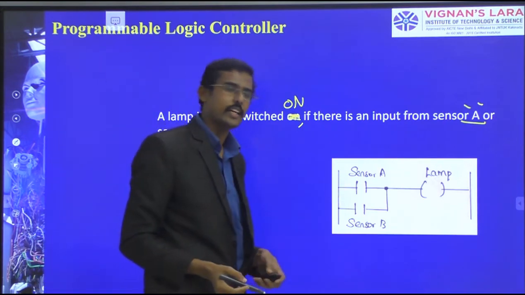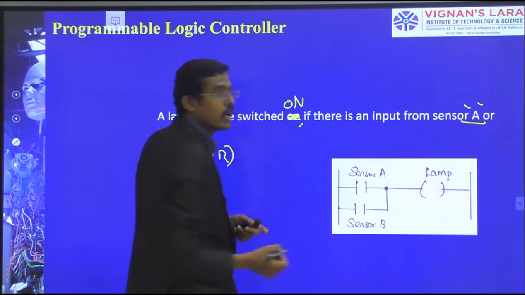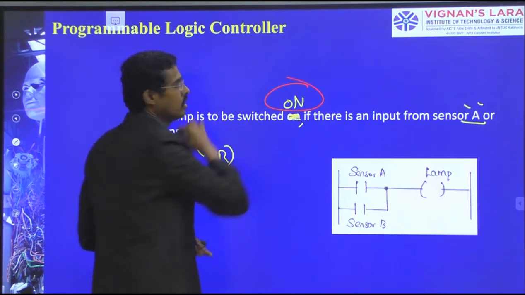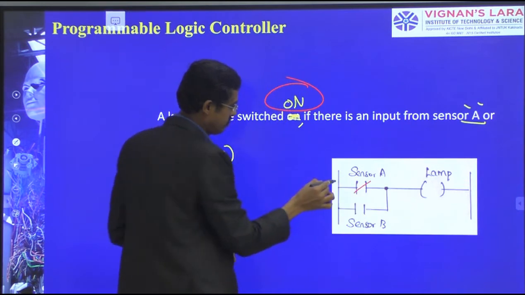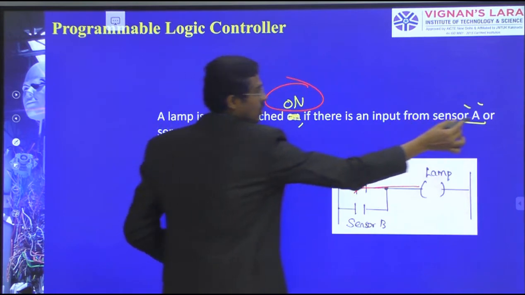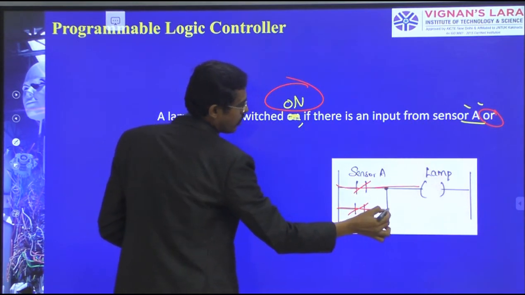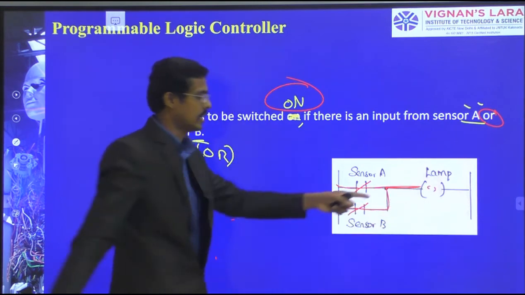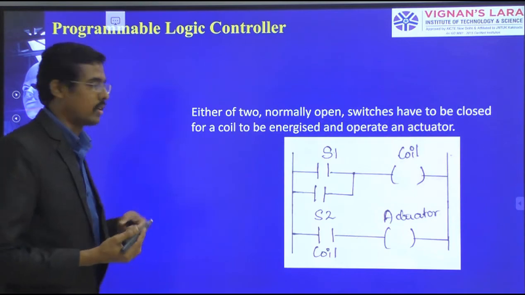Sensor A has been taken, the lamp should be on. If sensor A is activated, power goes. And otherwise, if sensor B is activated, power also goes and it activates the bulb. So very simple.